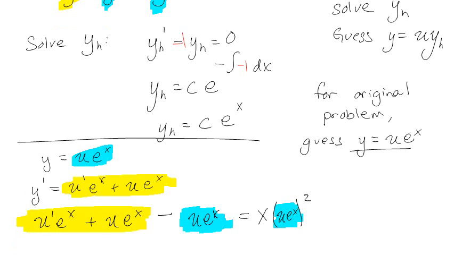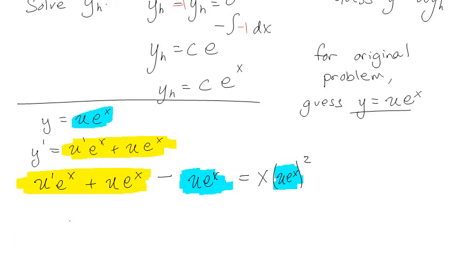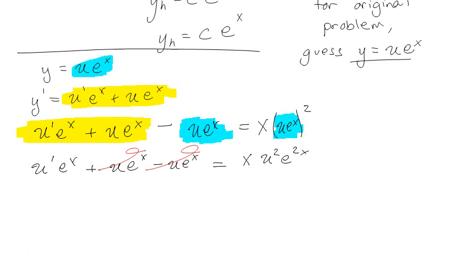Now we simplify, and hopefully a lot of things cancel out. So u prime e to the x plus u e to the x minus u e to the x, clearly that cancels, equals x times u squared e to the 2x. This goes away, and this goes away, and makes us super duper happy.